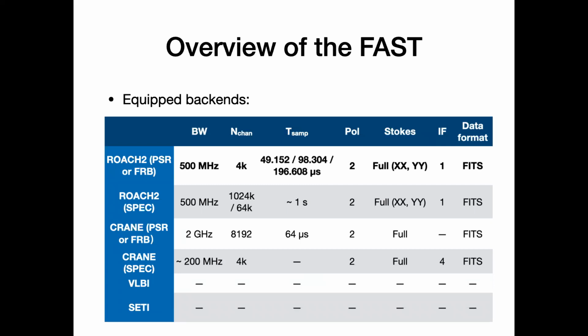The bandwidth is about 500 megahertz. We have 4,000 channels, and you have three options for the sampling time from 50 to 200 microseconds. And it can be recorded with full polarization, and the data format is PSRFITS.